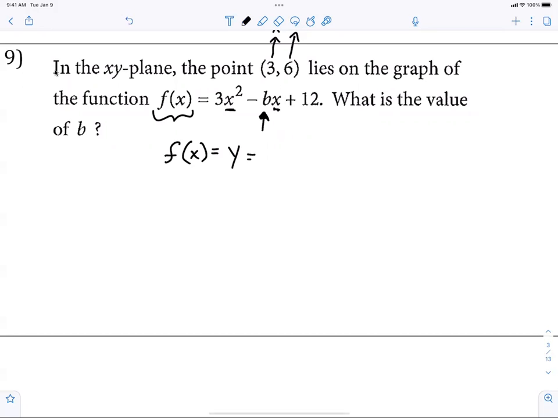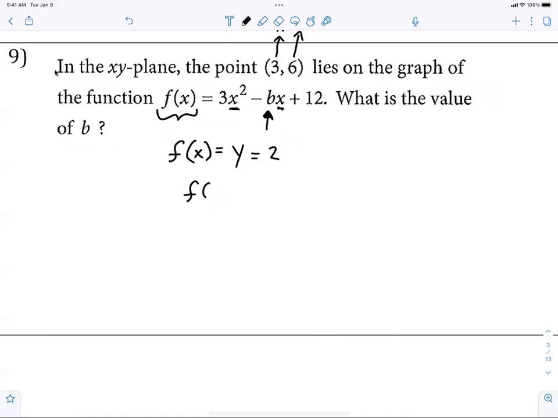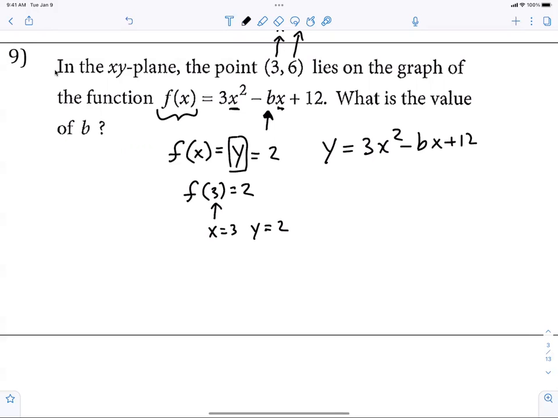Because if I just have y equals 2, I don't know what x corresponds to that number. But if I say f of 3 equals 2, I know that at the x value, the y value. That's the reason. So it's just a different notation. All right, but I want you to always know f of x is a fancy way for saying what letter? Y. So now we're going to put y equals 3x squared minus bx plus 12.